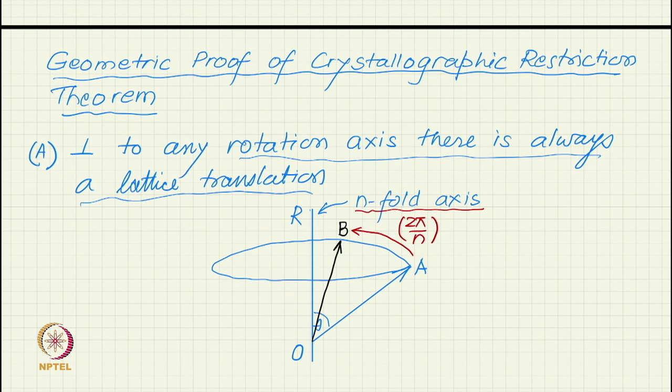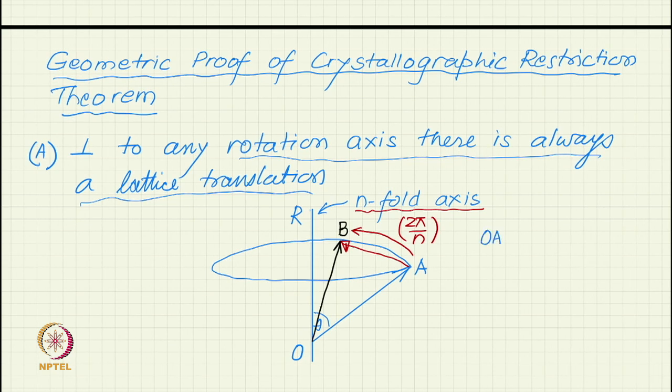But then if you have two lattice translations, then if I join the vector A to B, what is A to B? If two endpoints of two lattice translations are joined, that is also a lattice translation, because sums or differences of lattice translations will be lattice translations.